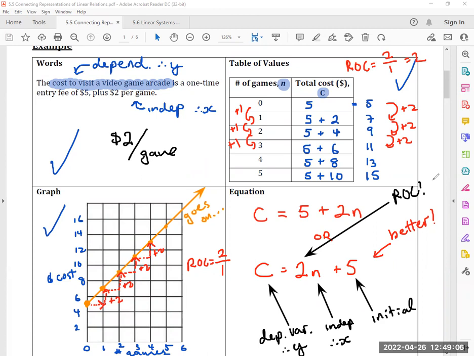Soak this in, because from here I have example on example on example, and I am going to essentially get you to create an equation without any of this. I give you a scenario and I want you to go straight to this because you can identify. What's the y?